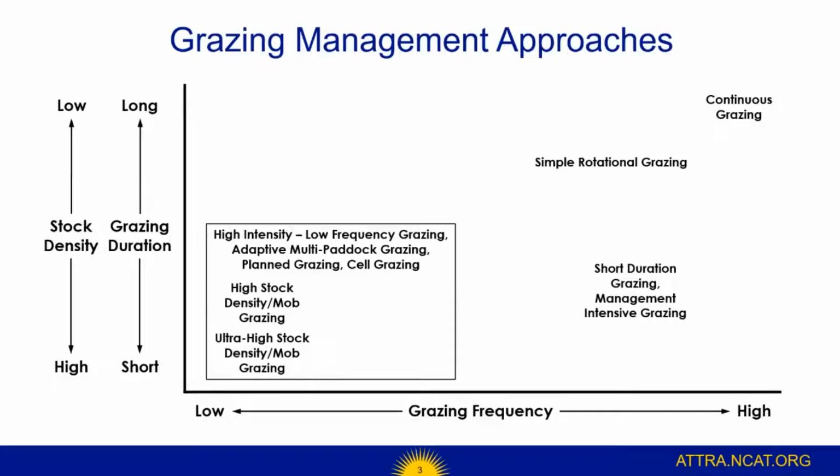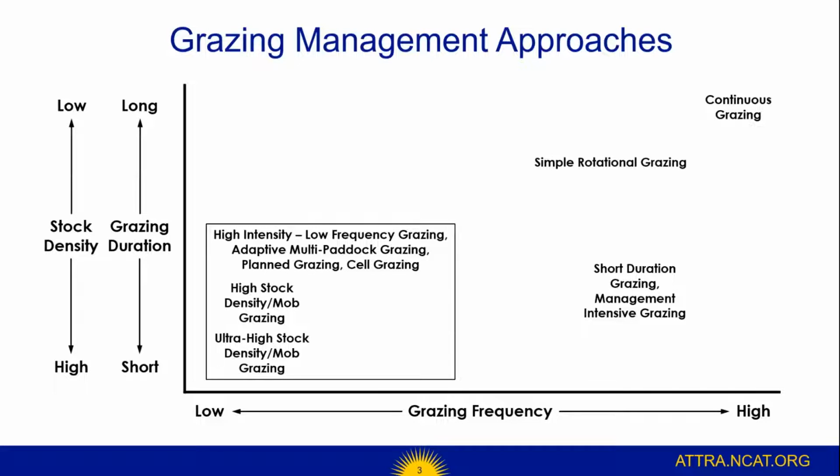So, the more we pack the animals into a smaller area, the less time they can spend in that one area because the amount of forage that we're giving them is very, very small. And I've taken the liberty to roughly place each of these major grazing systems on this graph, so that we can see how they contrast according to the dimensions of grazing frequency, grazing duration, and stock density.